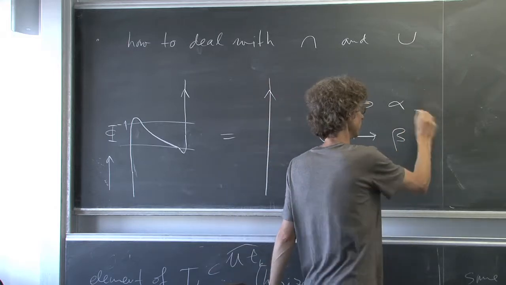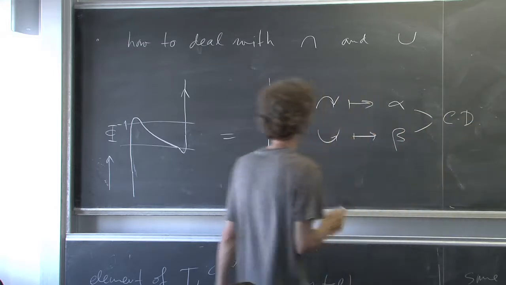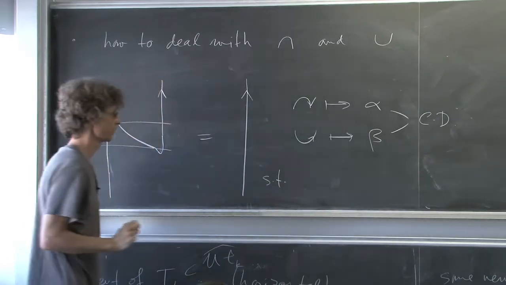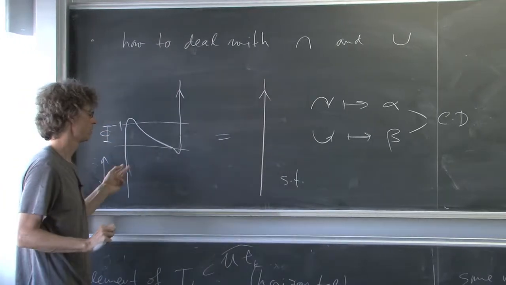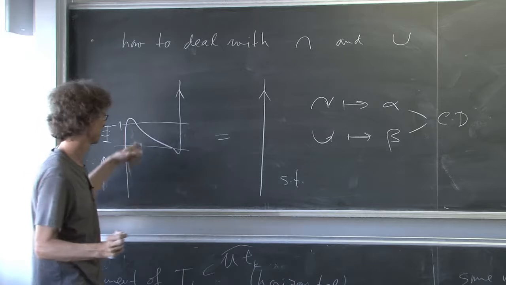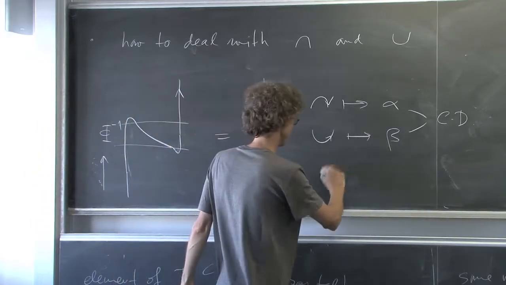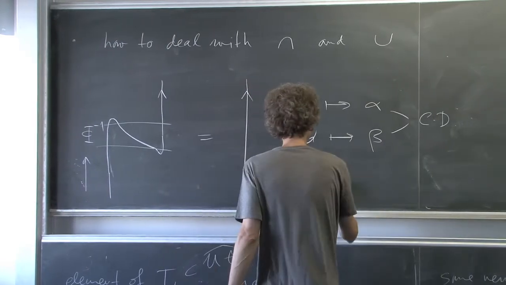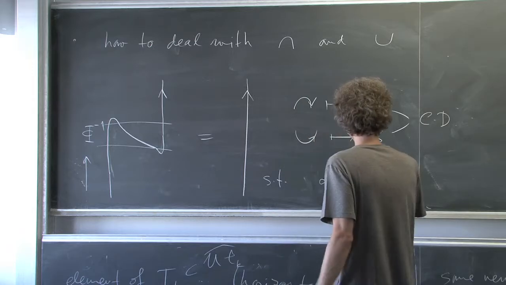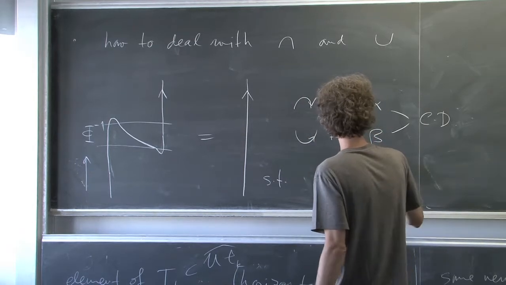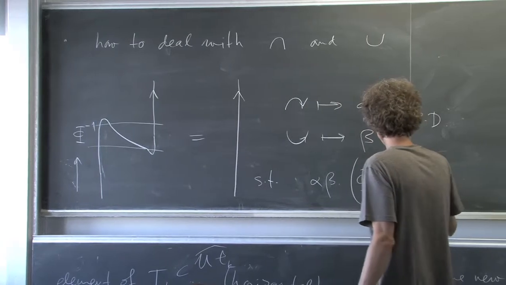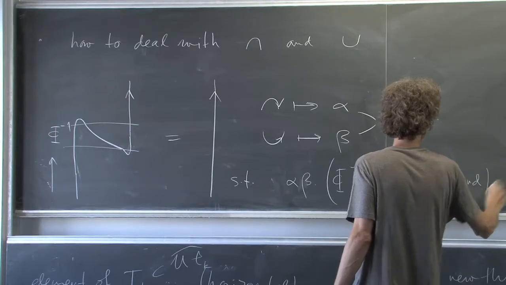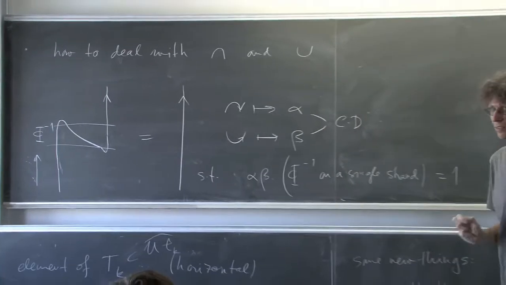These are chord diagrams, such that when you take the product, alpha times beta times phi inverse on a single strand is equal to 1.